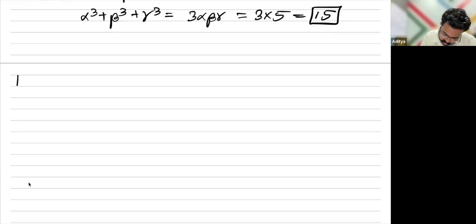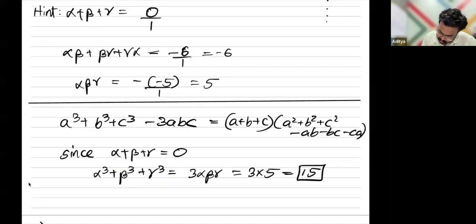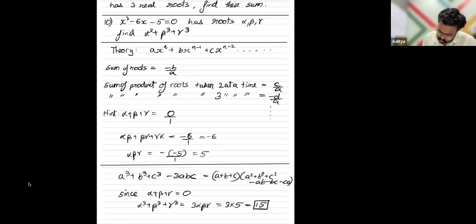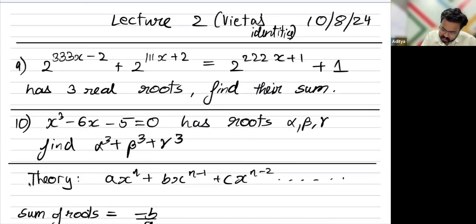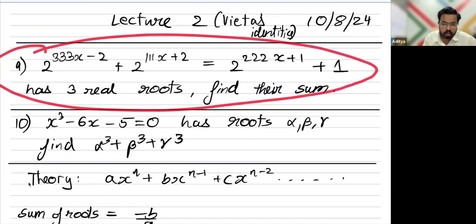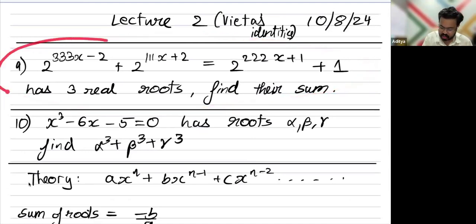Okay. Try question 11. You can take a screenshot of this. Use the ideas that I presented for question 10 to solve question 9. And no one sit idle. I'm sure that question 9 will stump most of you. So try thinking whatever can be done. There is a very neat substitution that can be done.